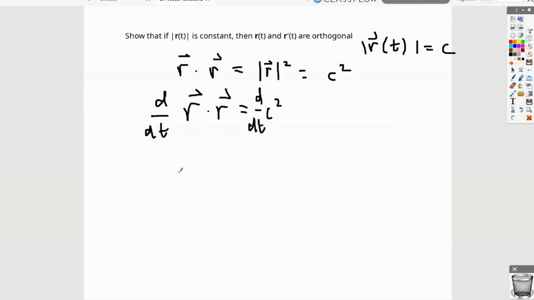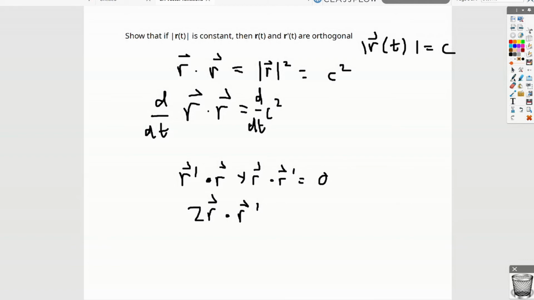So what you'll end up getting is r prime dot r plus r dot r prime, that's the product rule, right? The product rule still applies, is equal to 0 because the derivative of a constant is 0. So what you end up getting is 2r dot r prime. This is commutative, so you can change r prime dot r and r dot r prime.